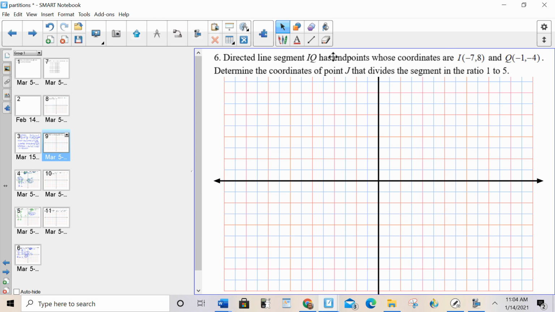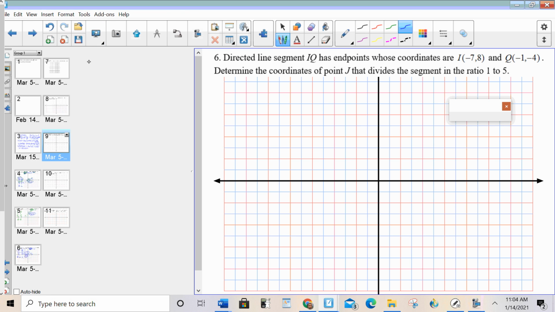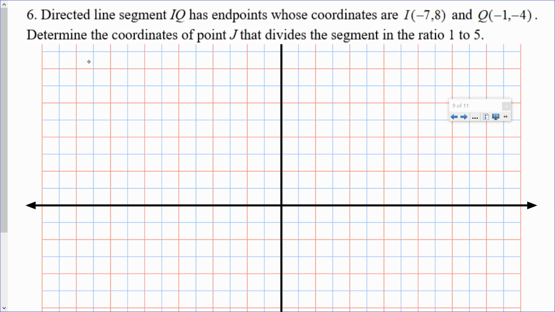Okay, now that you tried number 6 on your own, I will go over it. I is (-7, 8), and Q is (-1, -4). And we want to determine the coordinates of point J that divides it in a ratio of 1 to 5.